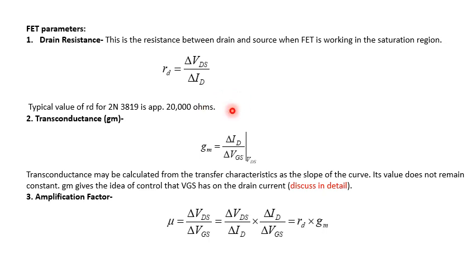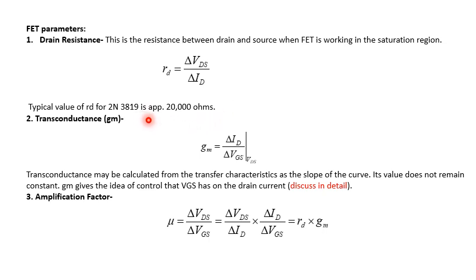If we are connecting a load to the output of the FET, then the output resistance of the FET should be approximately equal to the resistance of the load, so that there is impedance matching, and only then will there be a complete transfer of power between the FET amplifier and the load resistor.